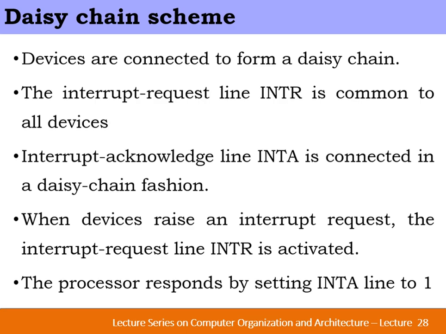We have a common interrupt request line, and the acknowledgement line is in the form of a daisy chain. Even though multiple IO devices might simultaneously generate interrupt requests, all the interrupt requests are going to flow together in the common interrupt request line.